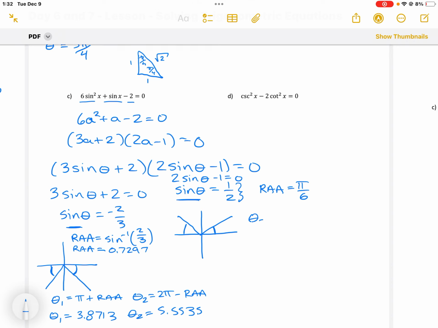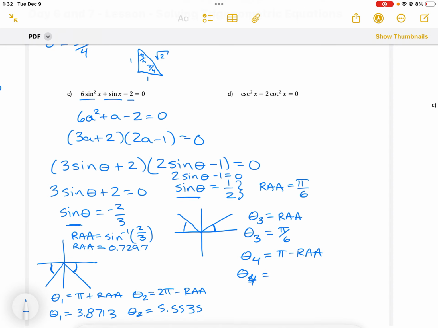My third theta is the solution in the first quadrant, where it is just equal to my related acute angle. And my fourth possible solution is going to be pi take away my related acute angle, which would give me 5 pi over 6.